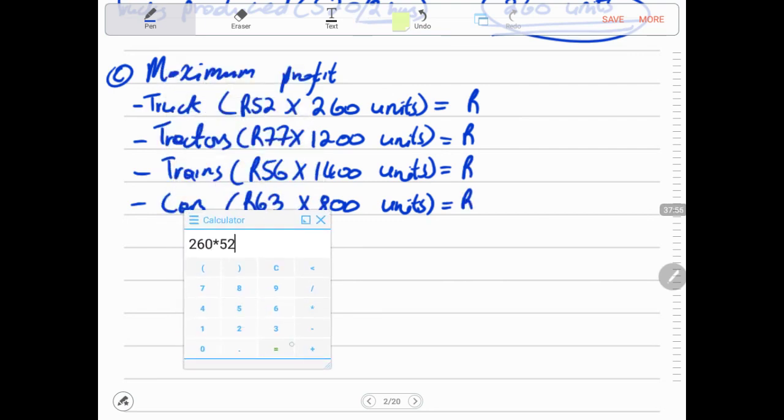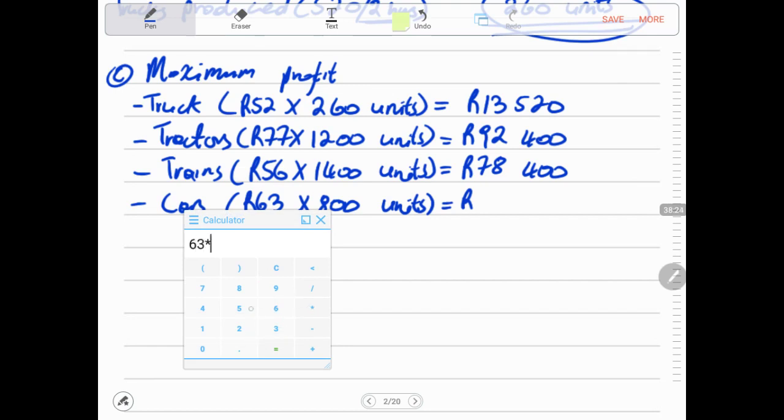260 times by 52, it is 13,520. 77 times by 1,200, it is 92,400. 56 times by 1,200, it is 78,400.